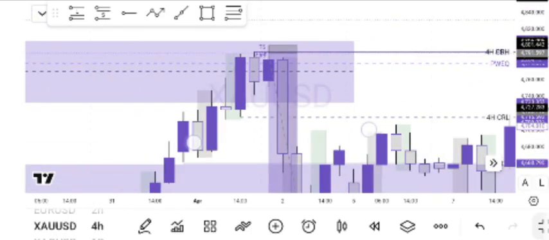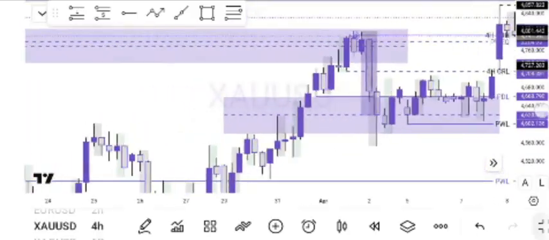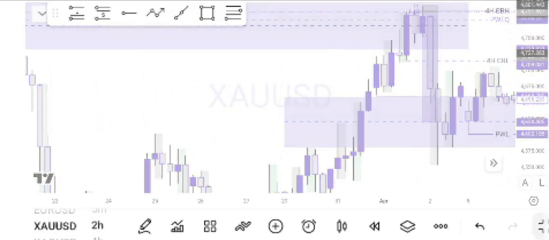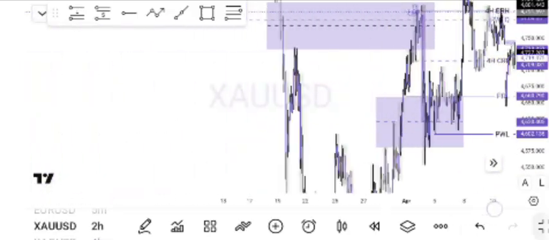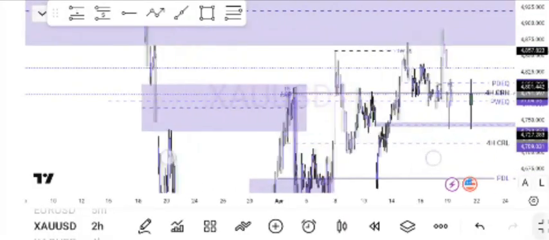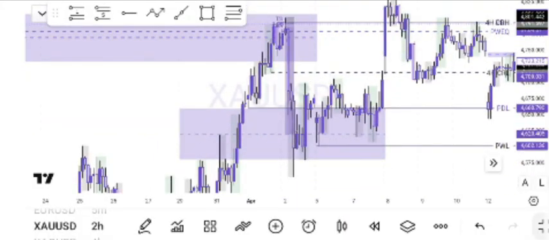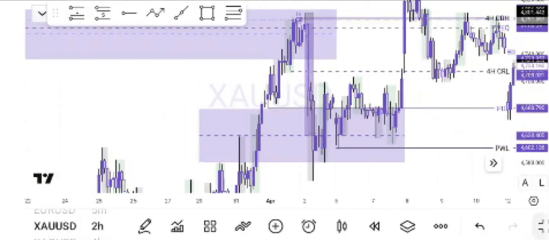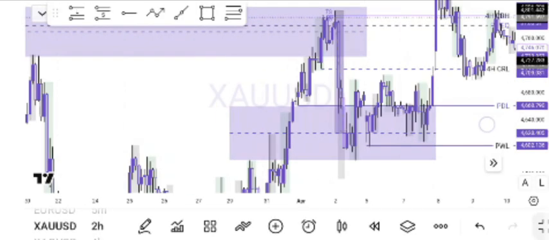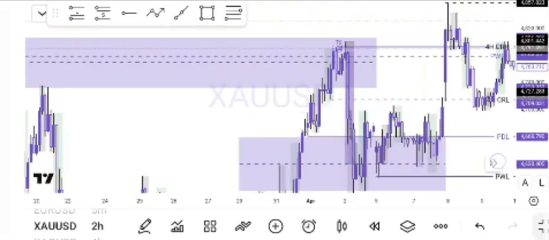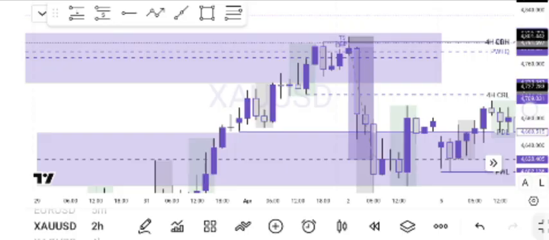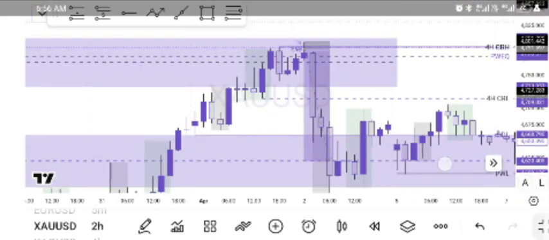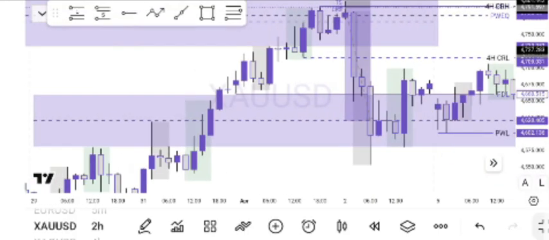And if you see, this is another sweep. This is a 4 hour low sweep on that fair value gap. This is a 4 hour low sweep and 4 hour high. Market came back to that 4 hour low.